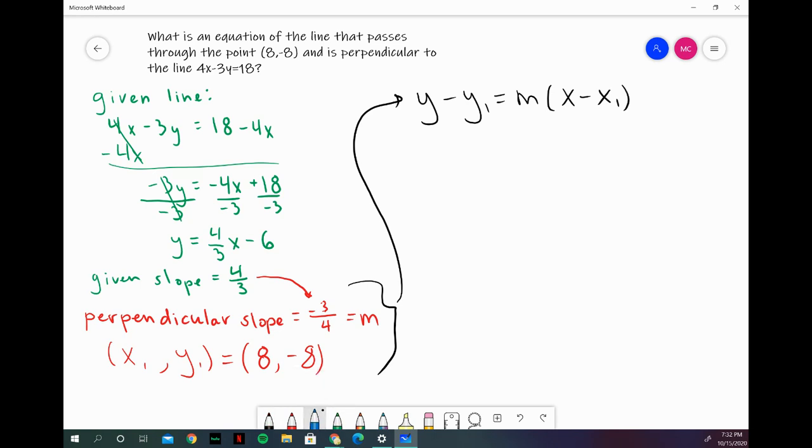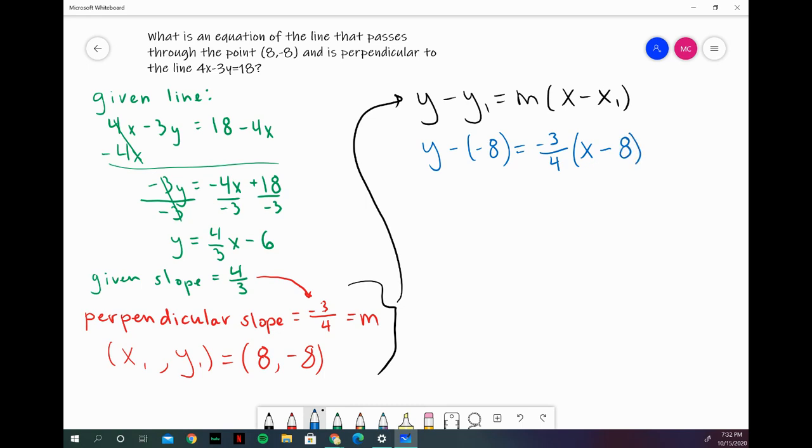If I substitute those values correctly, I would get y minus negative 8 equals negative 3/4 times x minus positive 8.